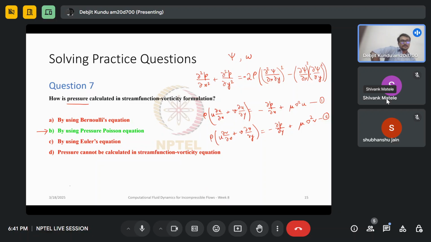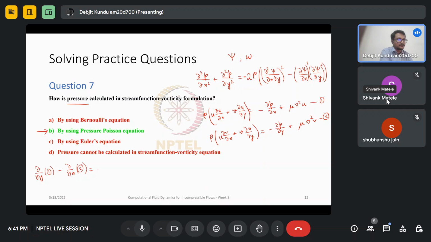Now, the way to get the vorticity equation is that the goal there is to eliminate the pressure out of these two equations. So what you do is you take ∂/∂y of equation 1 and you subtract it from ∂/∂x of equation 2.